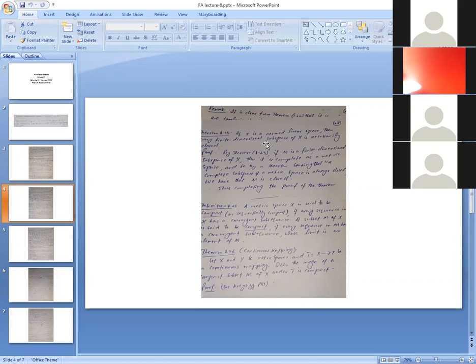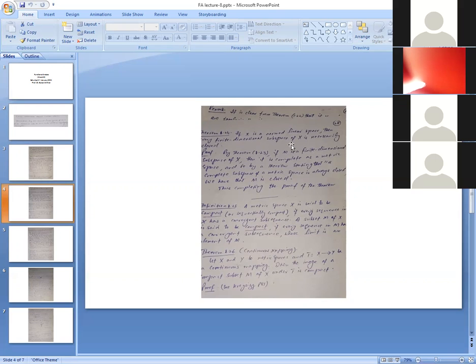The theorem says if X is a nonlinear space, meaning it's an arbitrary nonlinear space, we have not mentioned the dimension here, but if we consider a finite dimensional subspace, say Y of X, then this Y will be necessarily closed.